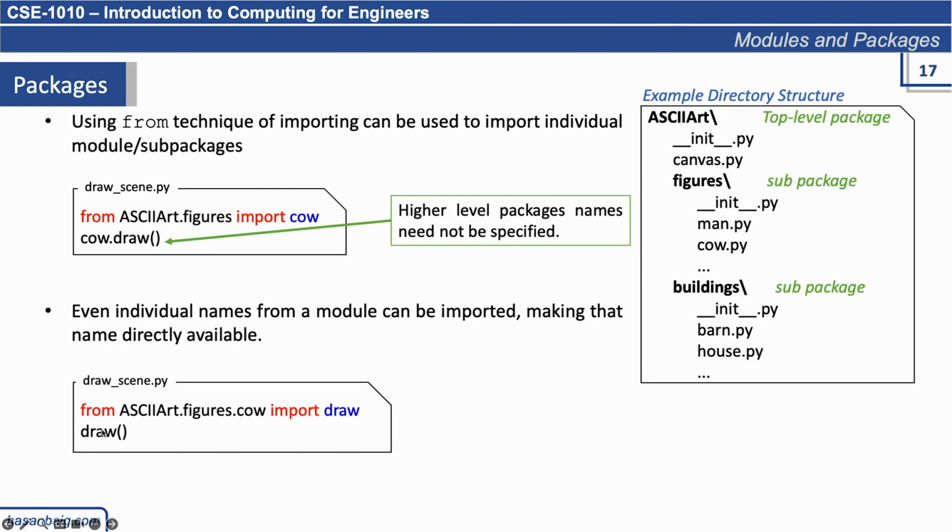Any question here? Let's say you imported something else too and it also had a draw function in it. What would happen? What if you imported something else too and it has the same function name as the original cow thing?